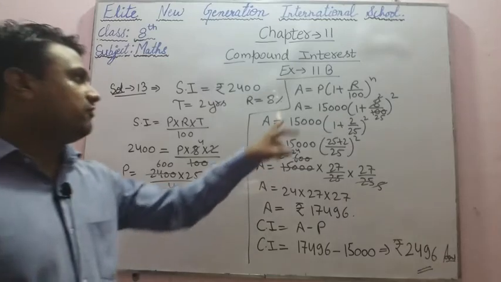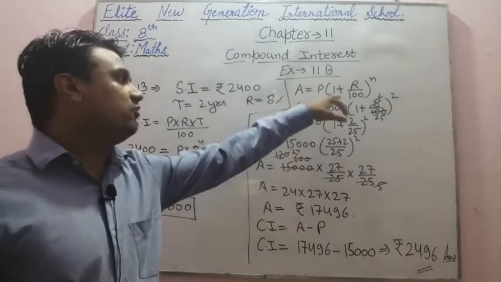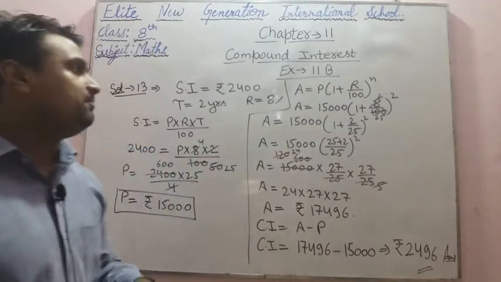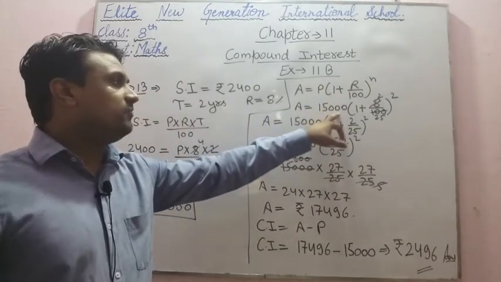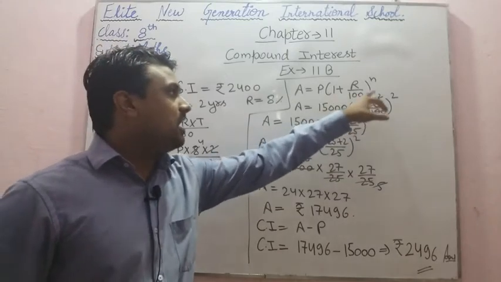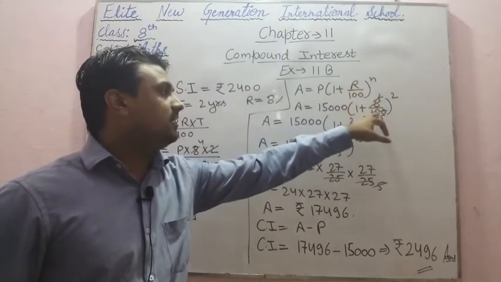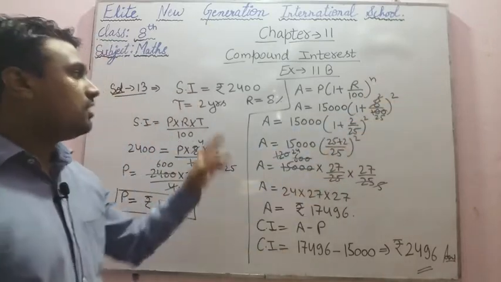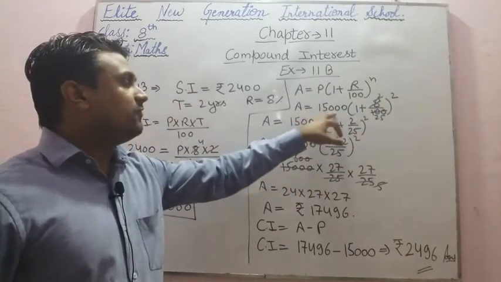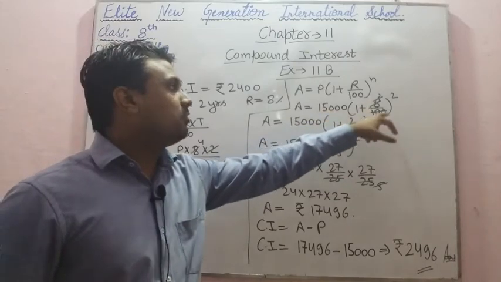By putting the formula, amount equals P into 1 plus R upon 100 whole power n. Here, in place of P we put 15,000 into 1 plus R upon 100, the value of R is 8 upon 100 and power 2, as the value of n is 2. So amount equals 15,000 into 1 plus 8 upon 100 power 2.